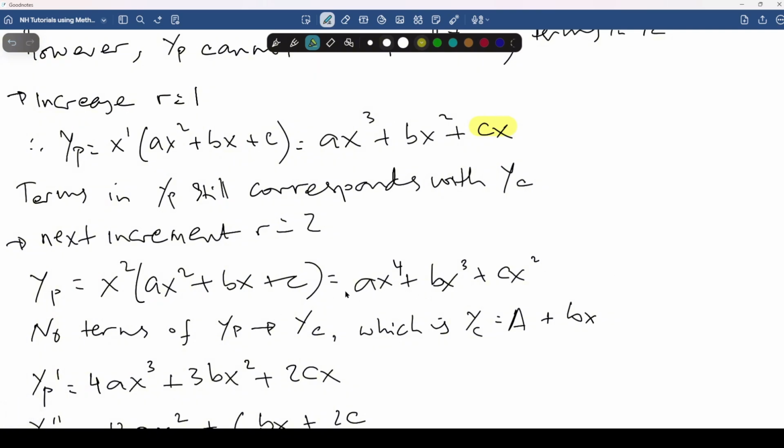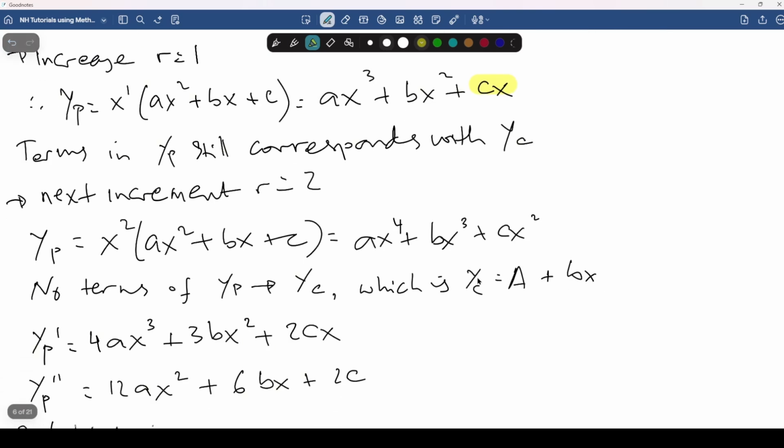So no terms in yp correspond to terms in yc, which is only A plus Bx. Therefore, we are good to go.